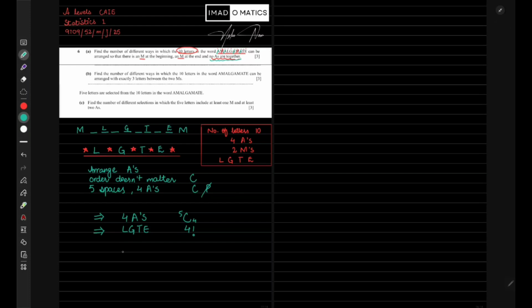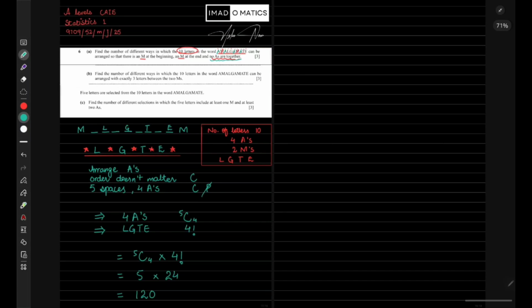The total number of arrangements: we have to arrange the A's and we have to arrange L, G, T, E. So this will be your total arrangement. 5C4 is 5 and 4 factorial is 24. So it gives you 120 in total.